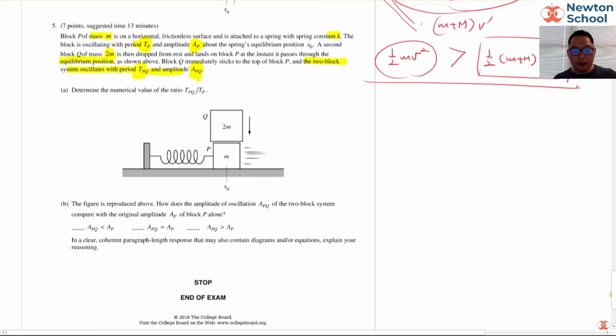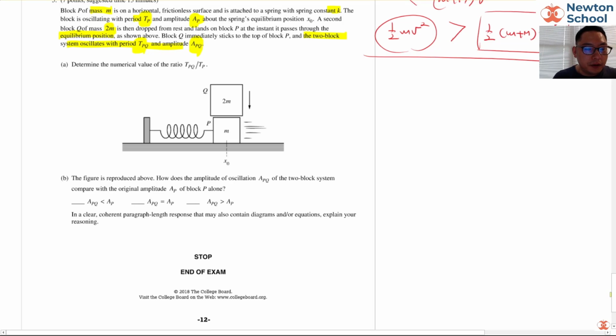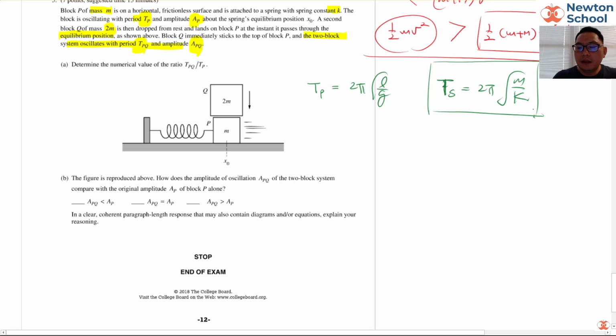So what did I ask you? Determine the numerical value of the period. For the period of simple harmonic motion in AP Physics 1, you need to know the period of a pendulum, which is 2 pi radical L over g, but not in this question. In this question, it's the period of a spring, which is 2 pi radical m over k.